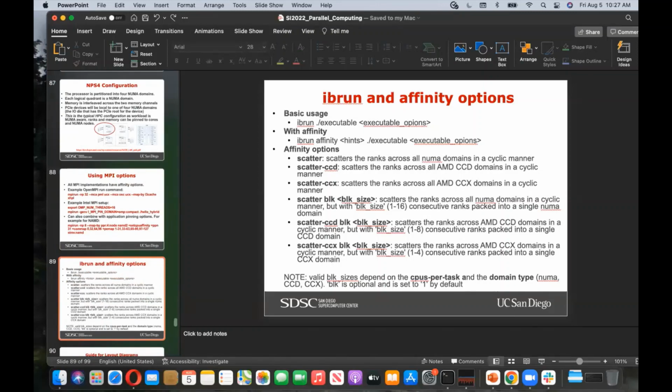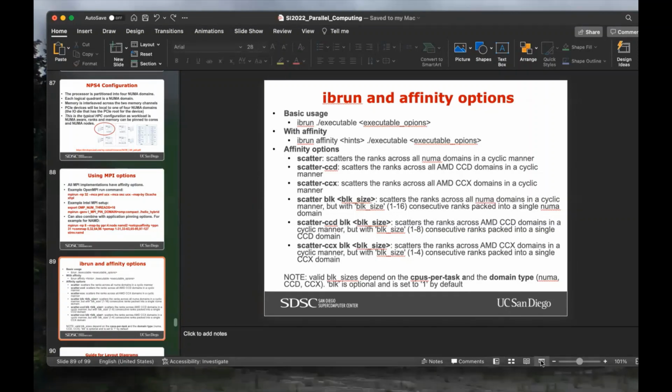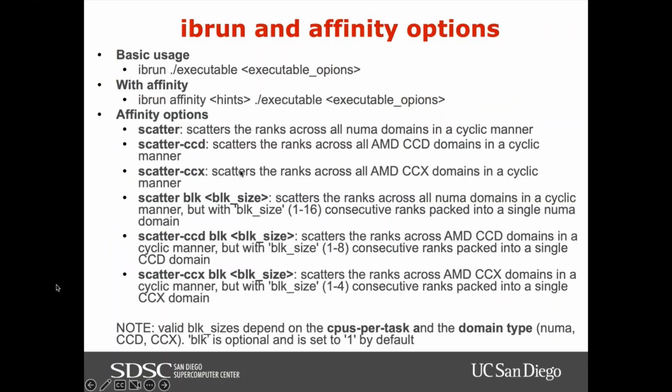Let me go back here. Okay. So that would be the equivalent of what we did there with the MPI option. Here you could just do ibrun, affinity, scatter CCX, and then run with 32 tasks.